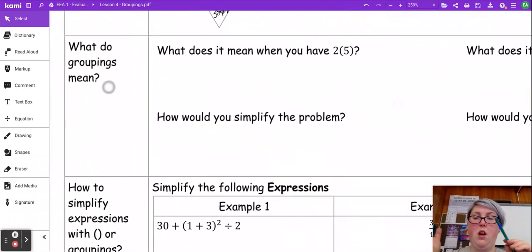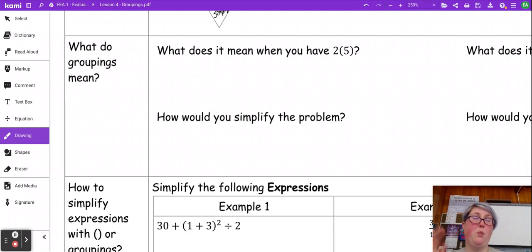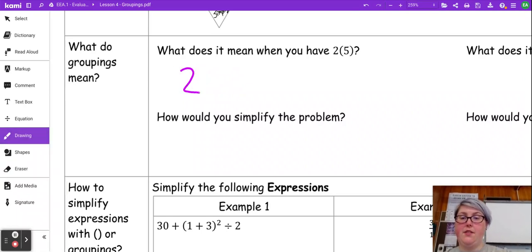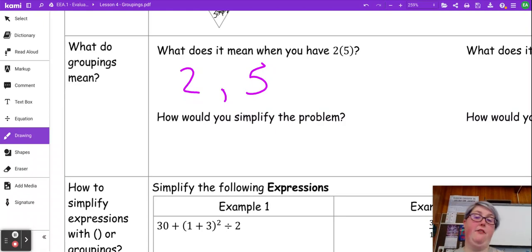So groupings can include parentheses with an expression or just some number. What does it mean when you have 2 parentheses 5? That means 2 groups of 5.